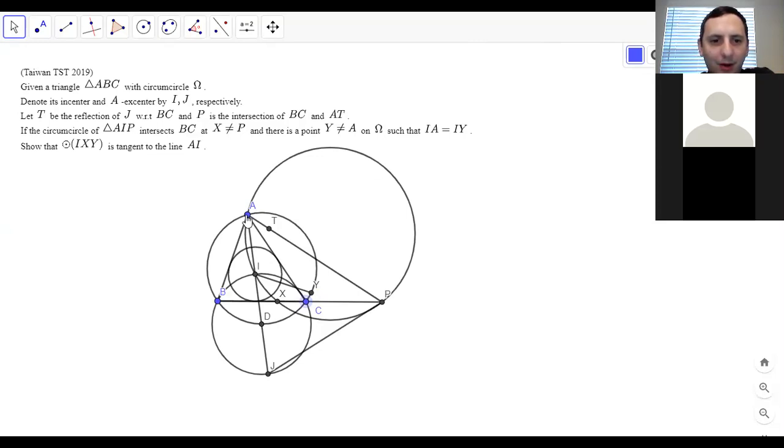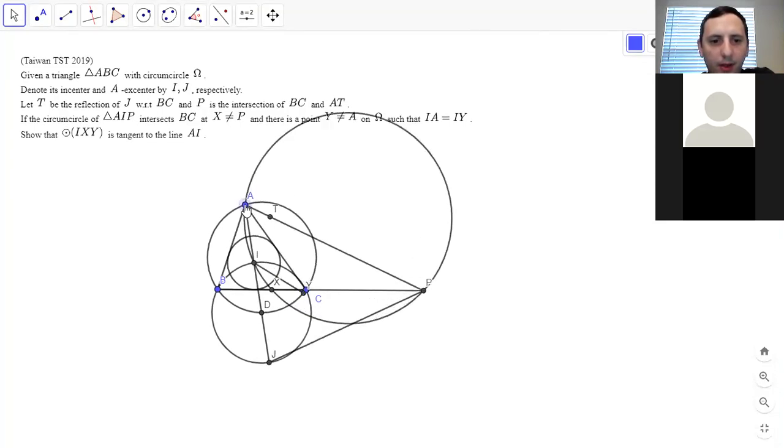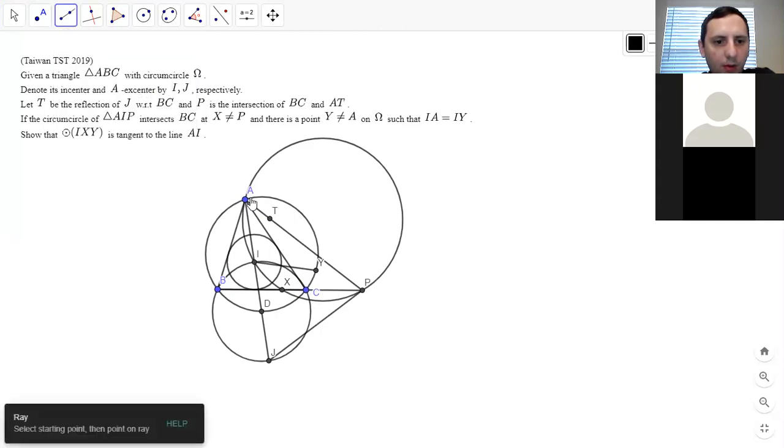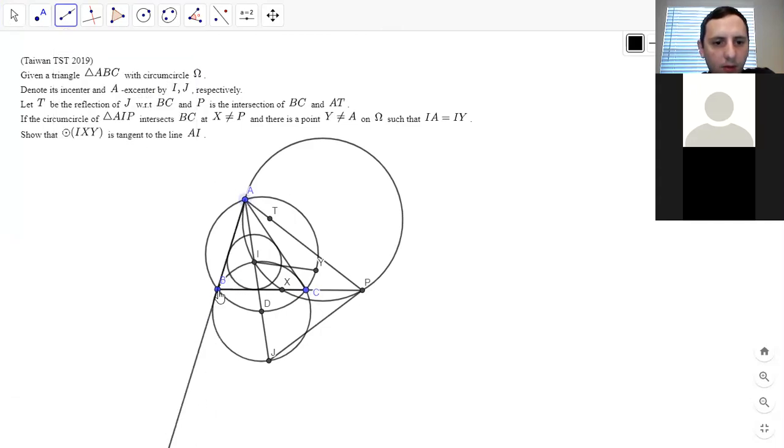IA is equal to IY. Actually, I'm not sure how to use it, but let me draw the X circle. I don't know if this is just going to make the diagram harder or not, but I'm going to try it.